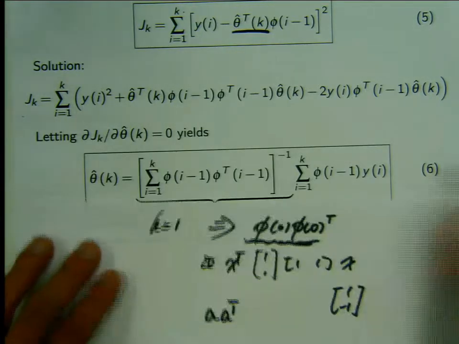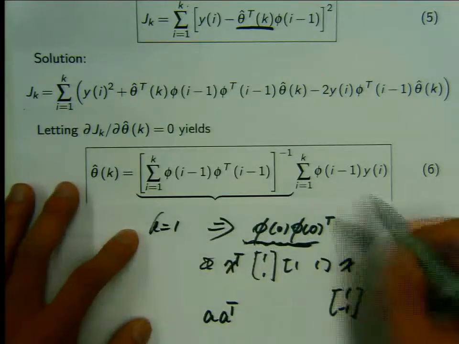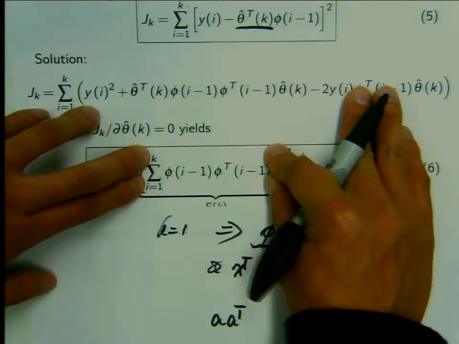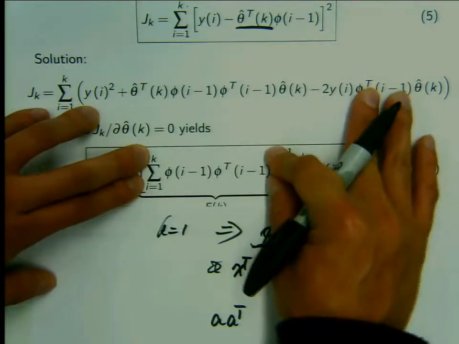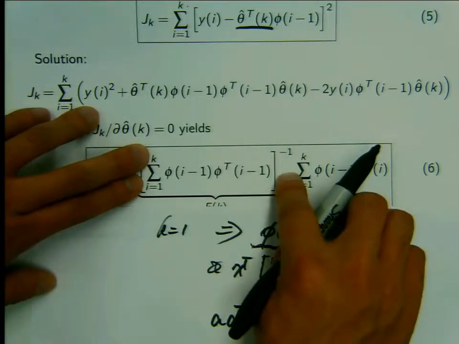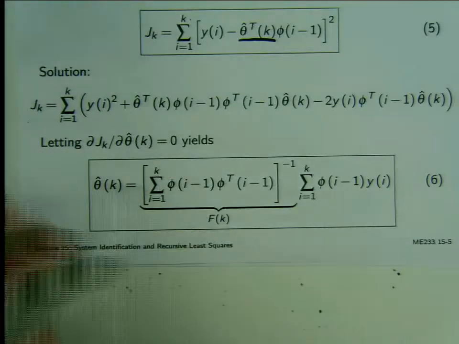So be careful. This summation of matrices can be not positive definite, and it can be not invertible. That's the first observation.